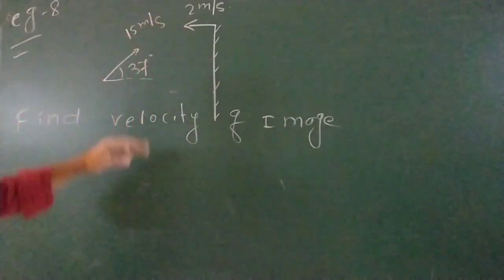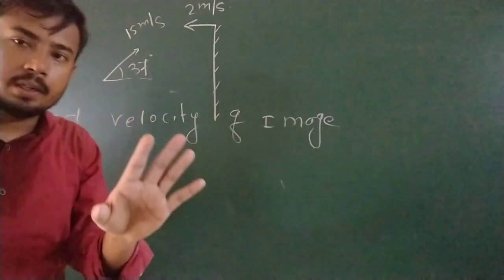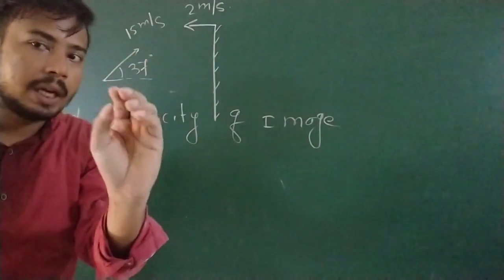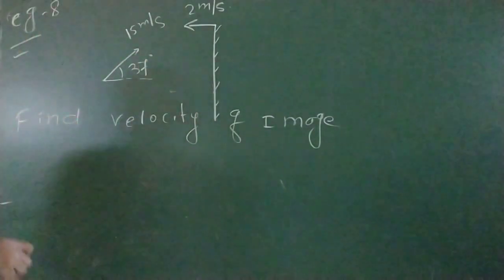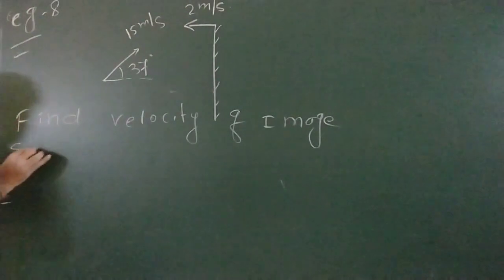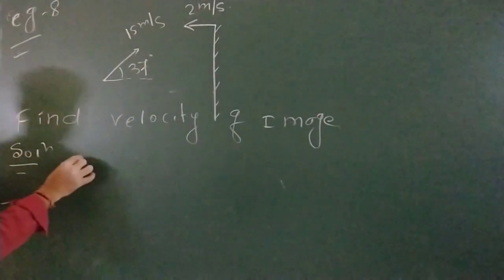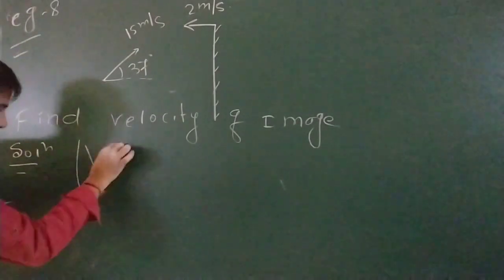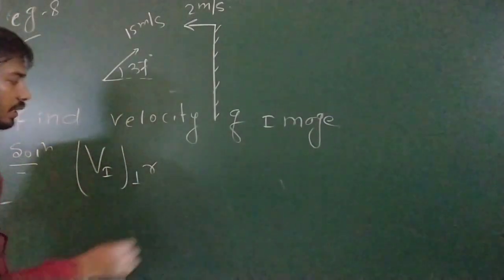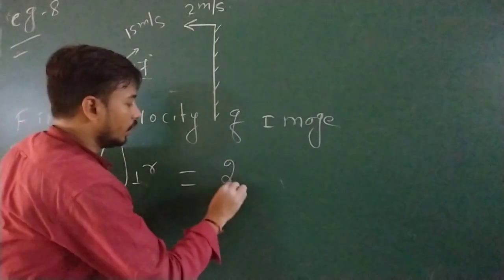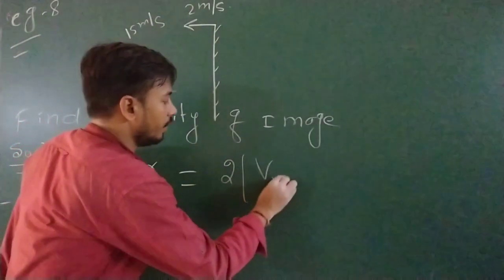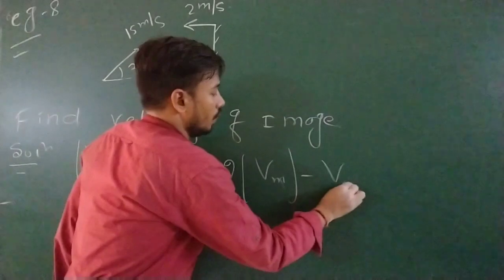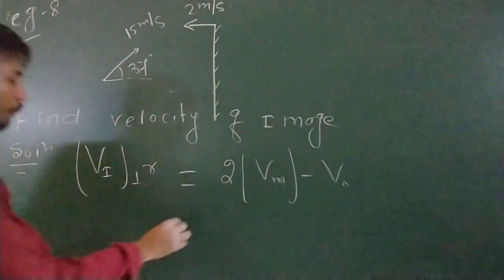So how can we calculate? First, you have to take two components, perpendicular to mirror and parallel to mirror. So check the solution. Velocity of image along the perpendicular direction is equal to 2 times velocity of mirror minus velocity of object.